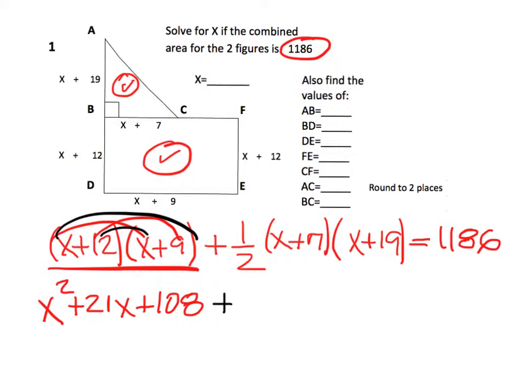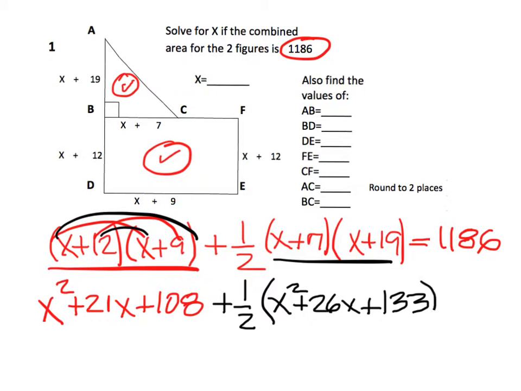So move over here and keep your 1/2 multiplied by the result of this, which would be x squared plus 26x plus 19 times 7, which is 133. And set that equal to 1186.